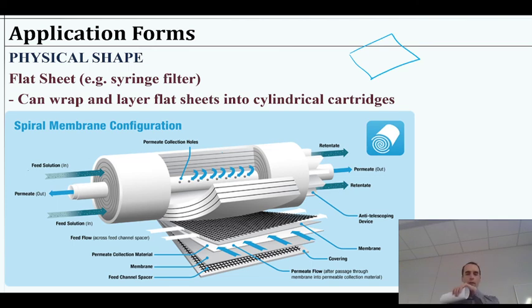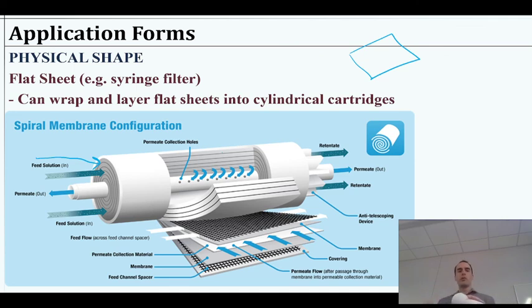So in this case, we have a flow coming in, the feed. Can't see my marker very well. The feed coming in to the sides here. So it's as if I'm putting water into the inner spaces between the membranes.